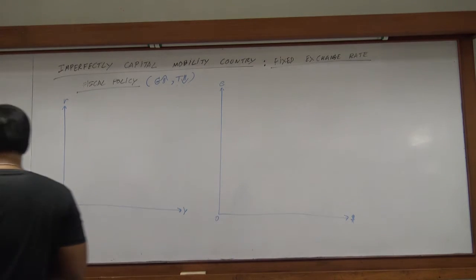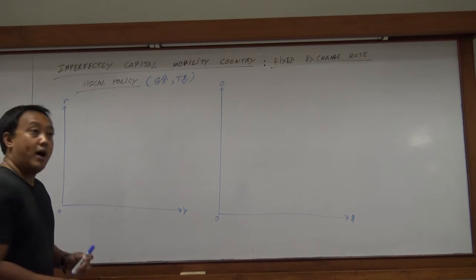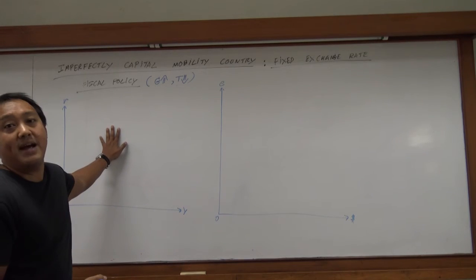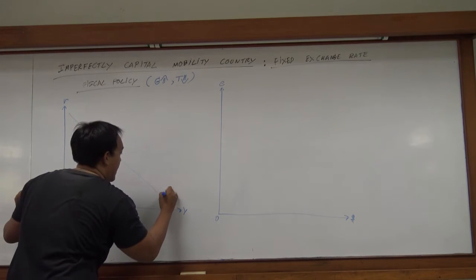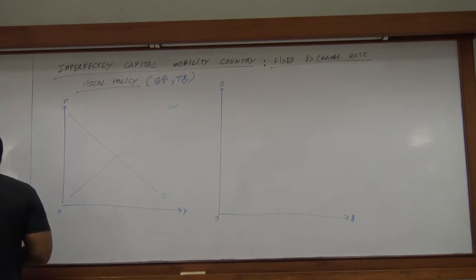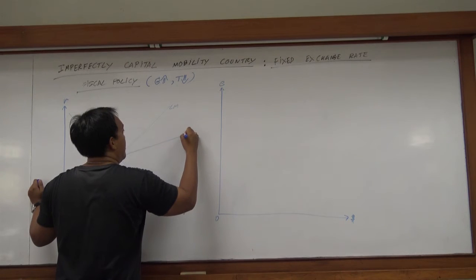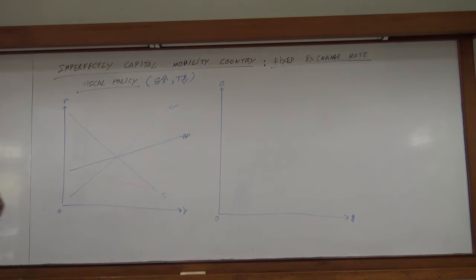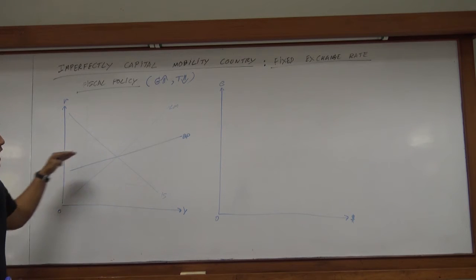Okay, so for the graph on your left hand side here, this is going to be the IS, LM, and BP model. We're going to have the IS curve, LM curve, and BP curve.